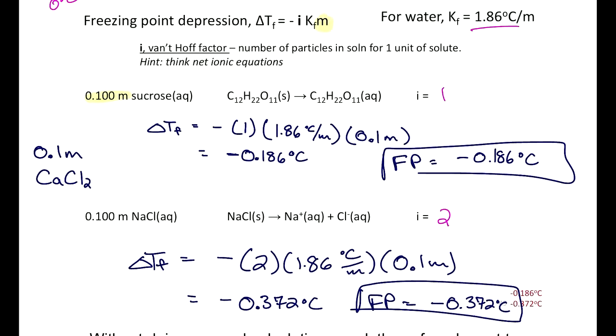Yes, because the only difference is the Van 't Hoff factor is 3 for this example. So it looks like what really affects our freezing point depression are these 2 terms, i and the concentration. Here I kept the concentration the same, so we could really just look at i, our Van 't Hoff factor, to see the freezing point depression ability of these solutes.